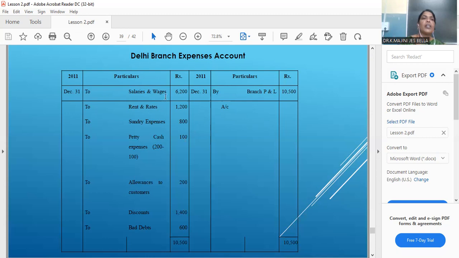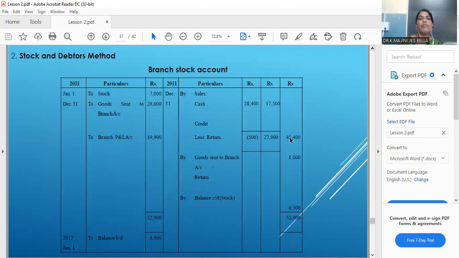That also you have to write in the debit side. Then discount given to their customers 1,400. 1,400 is the discount. Then to bad debts. Bad debts how much? 600 is the bad debts. Okay. Then by branch profit and loss account 10,500.